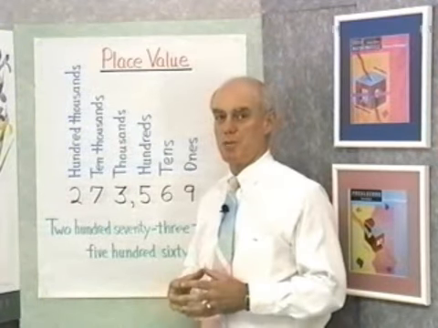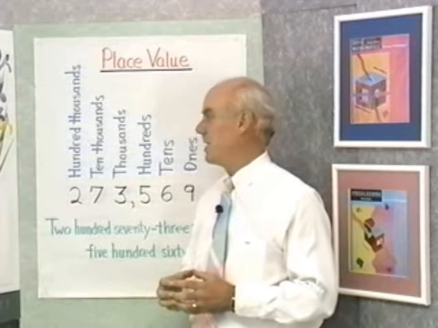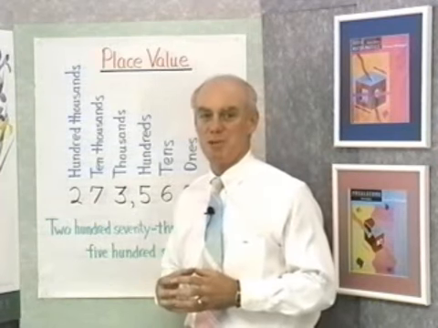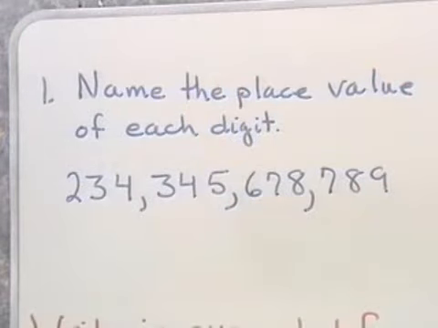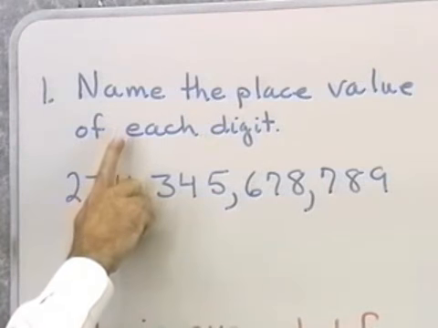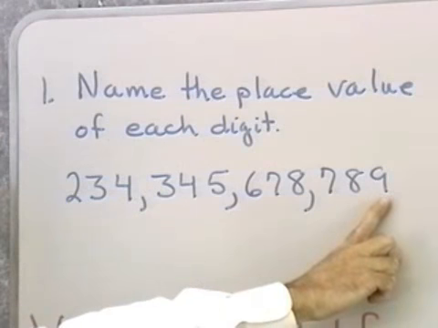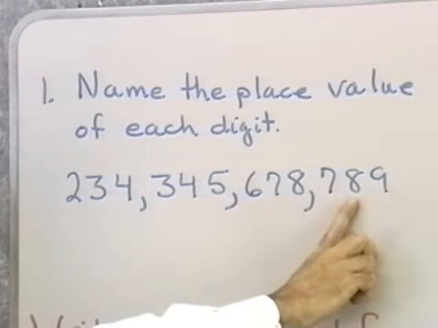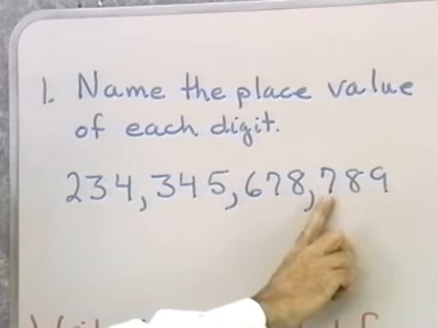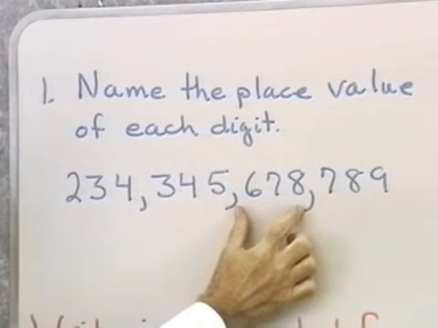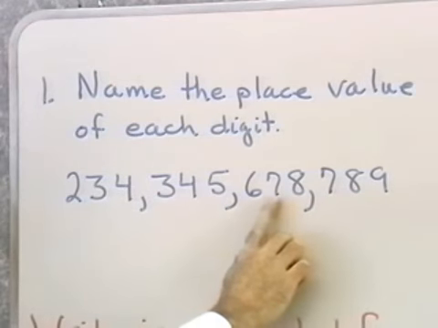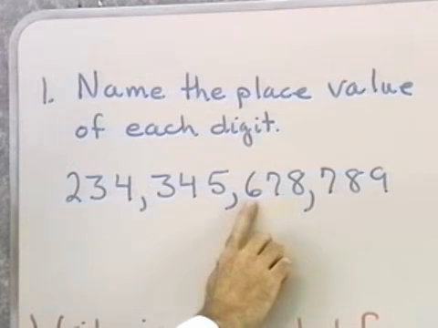Now what we want to do is go to the board next and look at some other numbers, a little bit larger number, and see what place values they have. Problem number 1, I've written here, name the place value of each digit, and here's our number. So starting over here on the right, we have the ones column, tens column, hundreds column. Now this is the thousands group, so we have thousands, 10,000s, 100,000s.